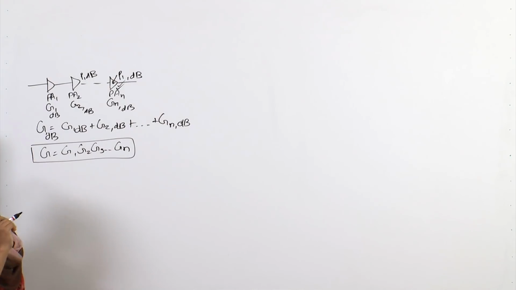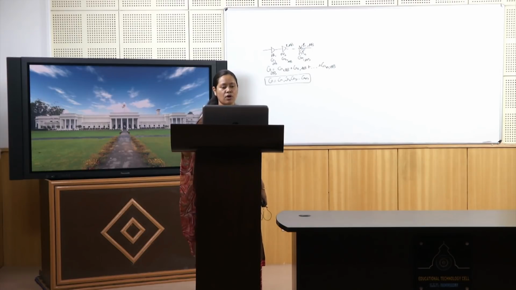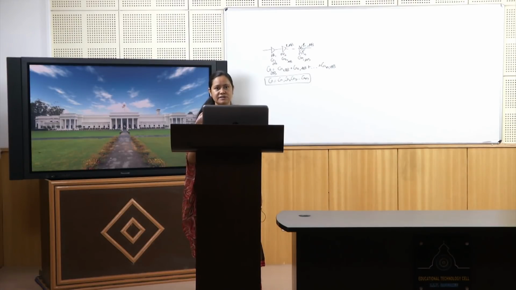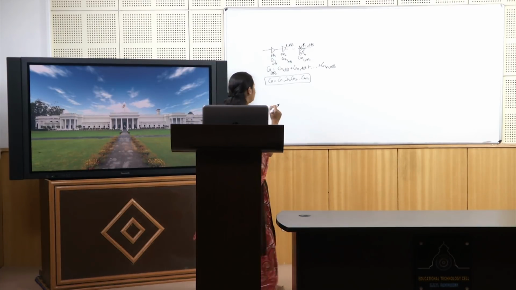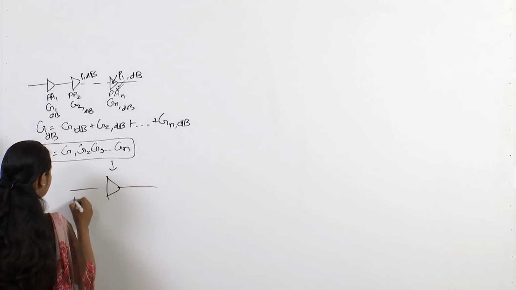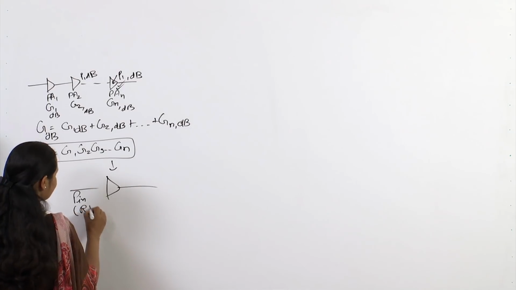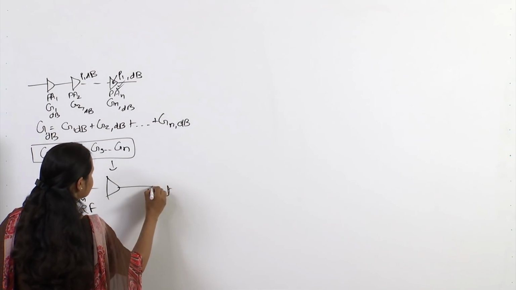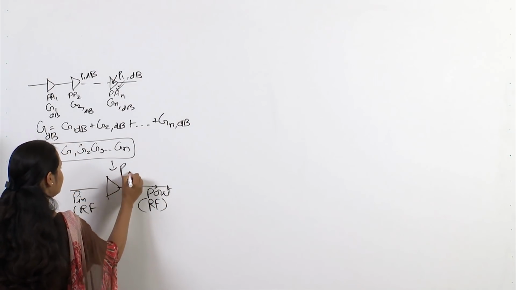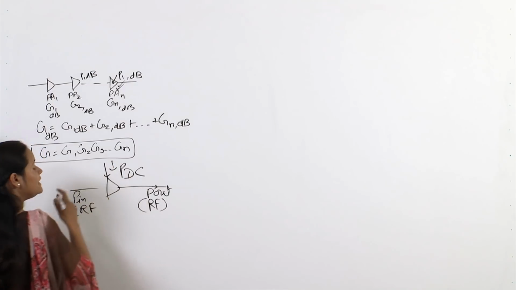Now, the output power is covered here, and we know that all types of efficiencies, DC efficiency, total efficiency or power added efficiency, are basically ratios of powers. So, output power divided by input power, which I mean to say DC power. Basically we have input power which is RF power, we have output power which is again RF power, amplified power, and then we have PDC, the power which is provided by a DC supply.